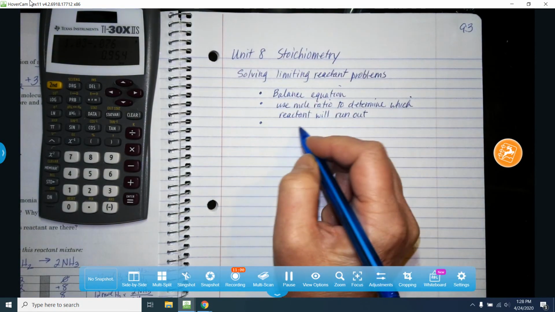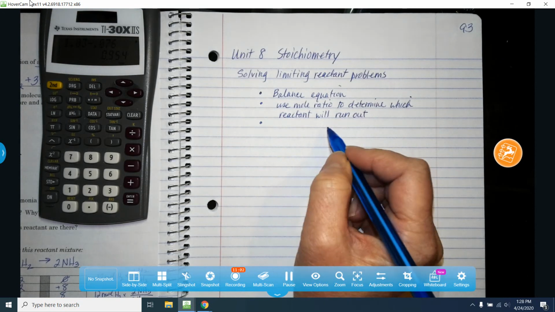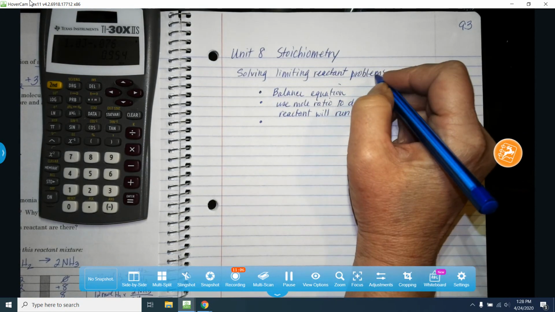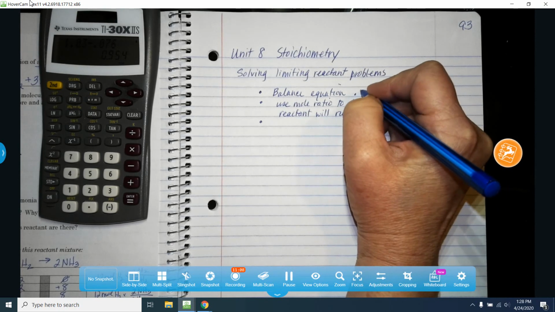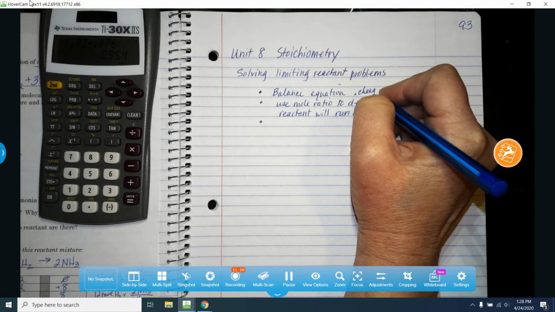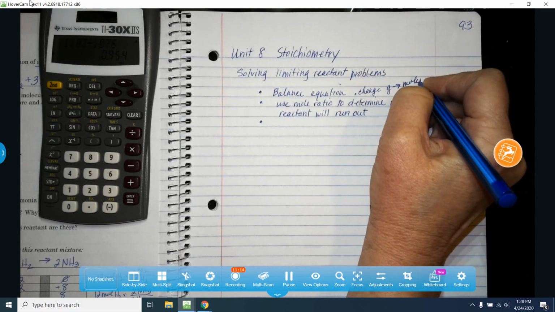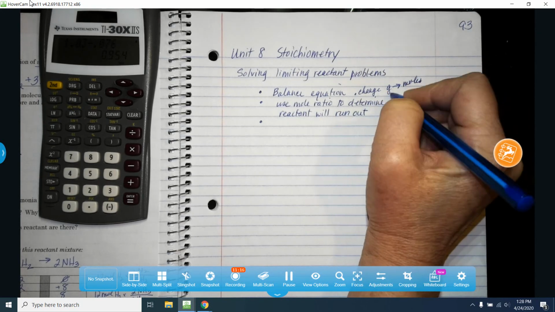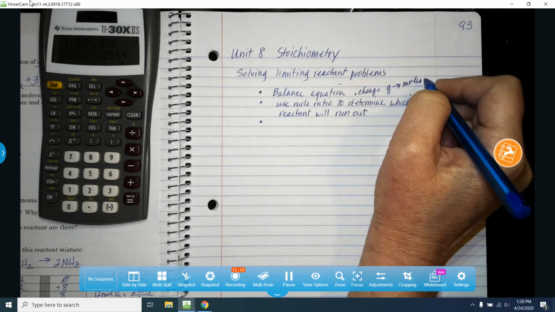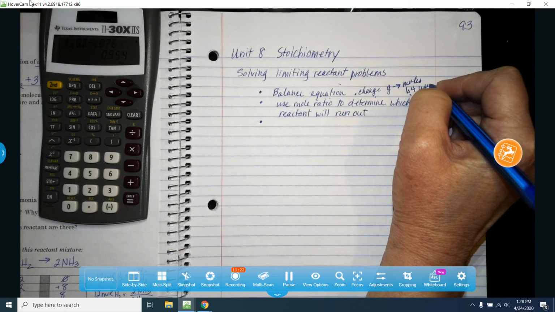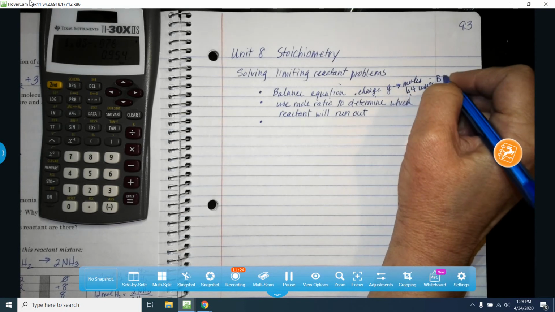So what did we do next? Okay, you know what, I forgot in here, change grams to moles. That's if they give you the starting material in grams, right? You have to change grams into moles before using the BCA chart.